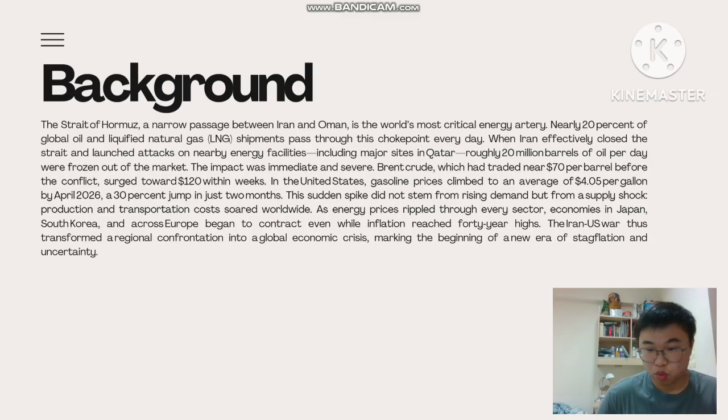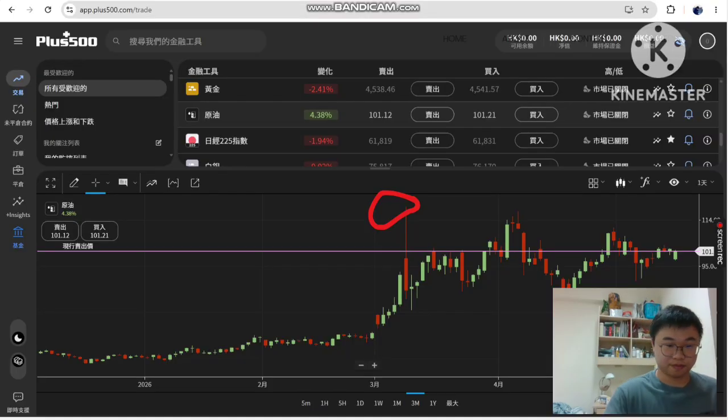The US-Iran war also transformed the regional confrontation into a global economic crisis, marking the beginning of a new era of stagflation and uncertainty.